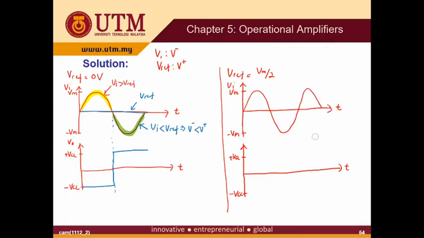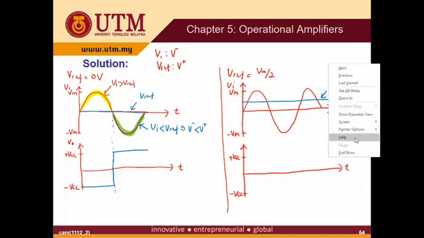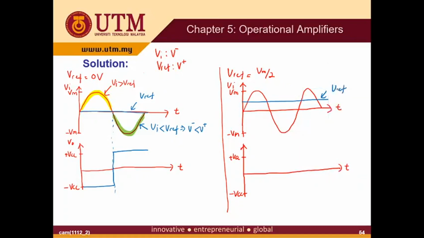Now the reference voltage is plus Vm over 2. So this is the Vref. You can see here the Vref is V plus, and your V in is V minus.